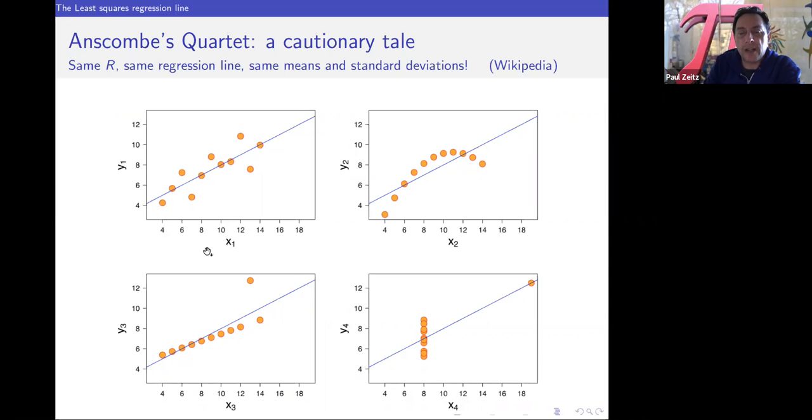I forget what the exact numbers are. But with this data set, you have the same mean, same standard deviation, same R. And the value of R is about 0.8 in all of these, I think 0.82 approximately.